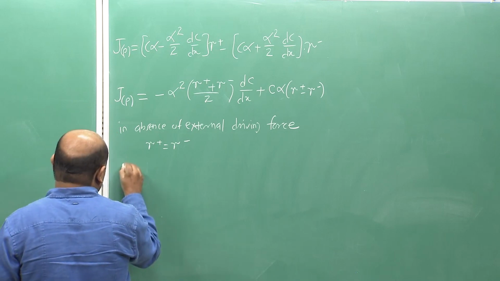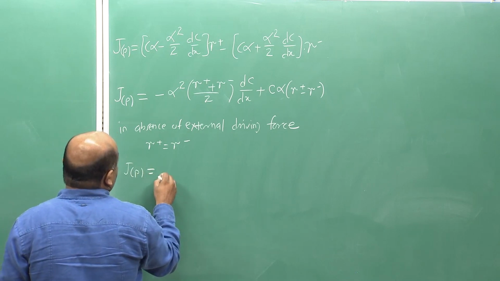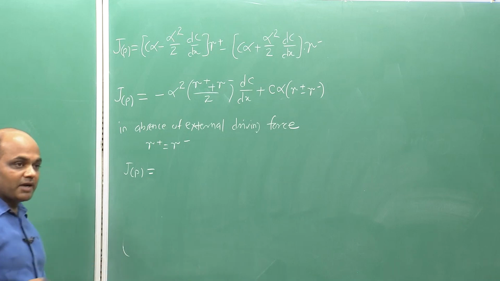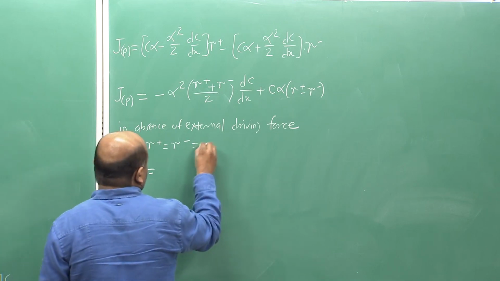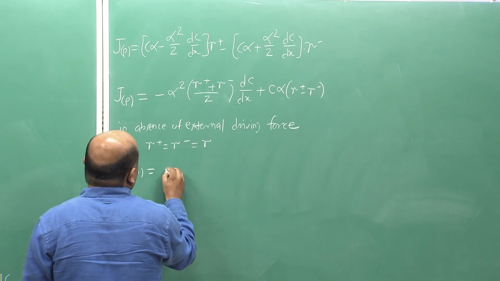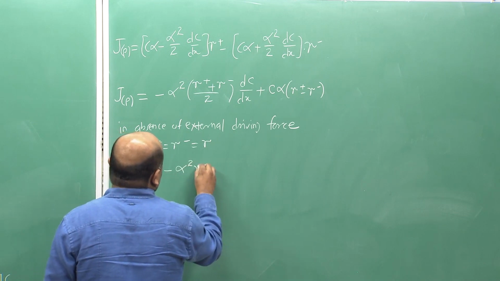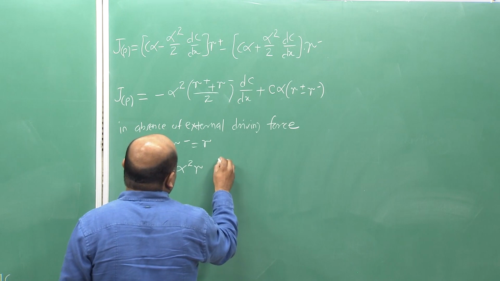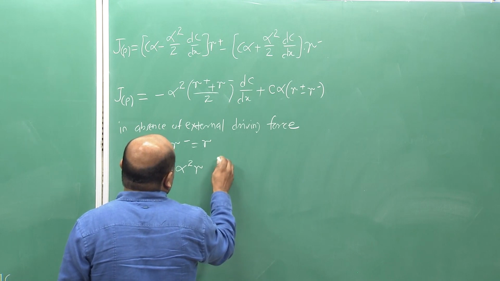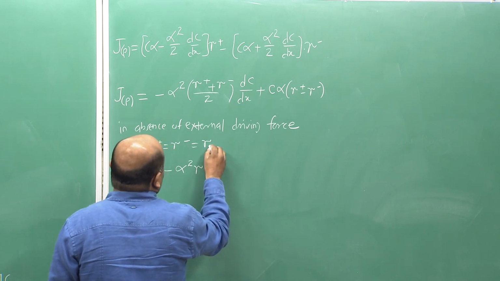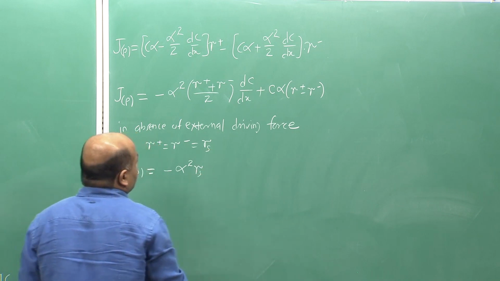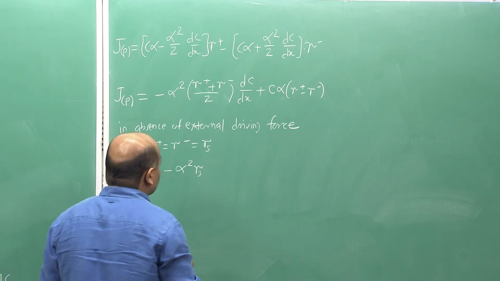So, we get Jp equal to, let us call it gamma, minus alpha square gamma, let us call it gamma s. Gamma will be the overall jump frequency, later on we will use it.